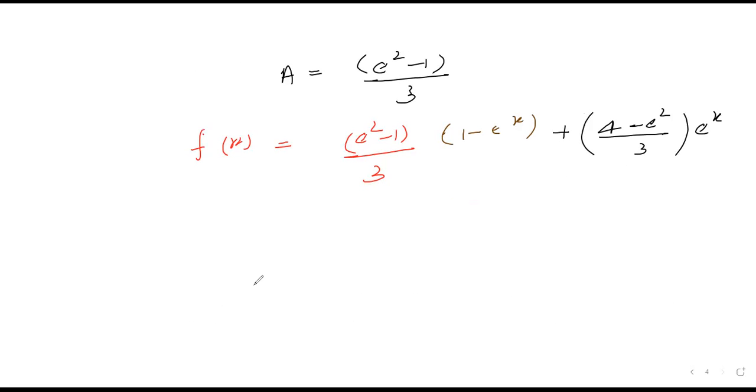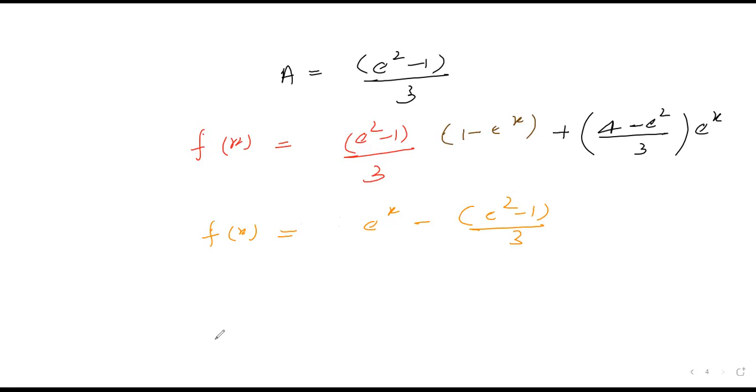Now after solving, you will get your function f(x) as e raised to the power x minus (e square minus 1) divided by 3. Okay.